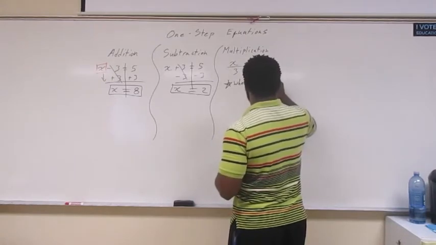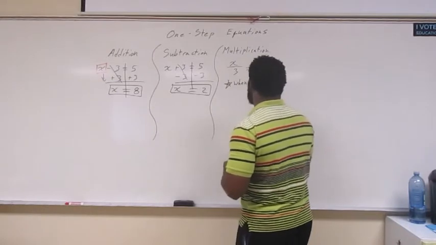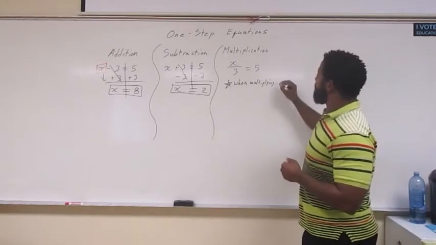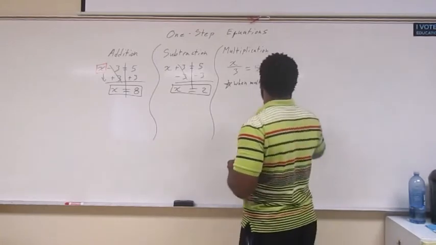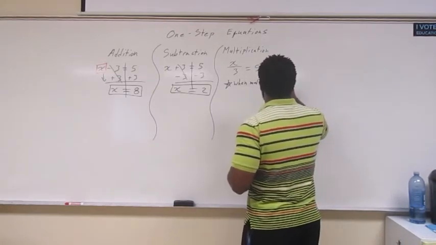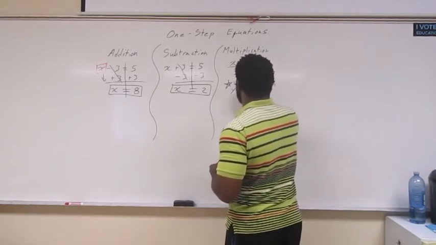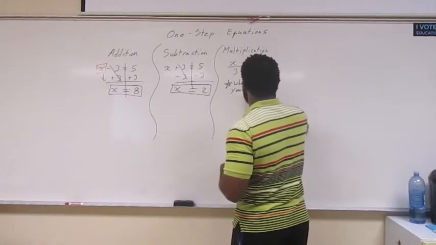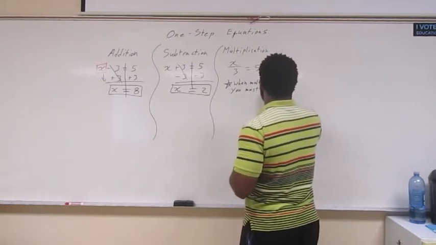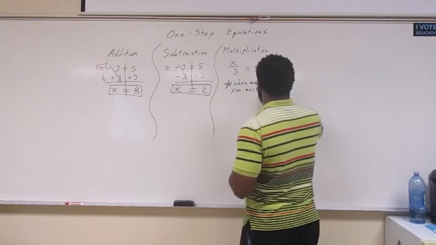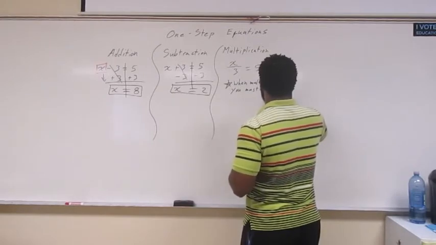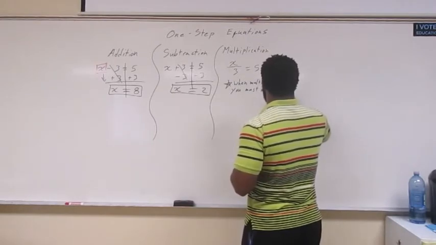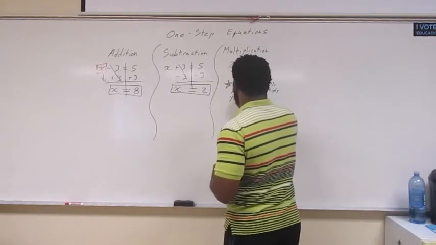No. You see the 3? The x is divided by 3. You must do multiplication by 3. The division cancels each other out, and then you multiply your one thing with the other.